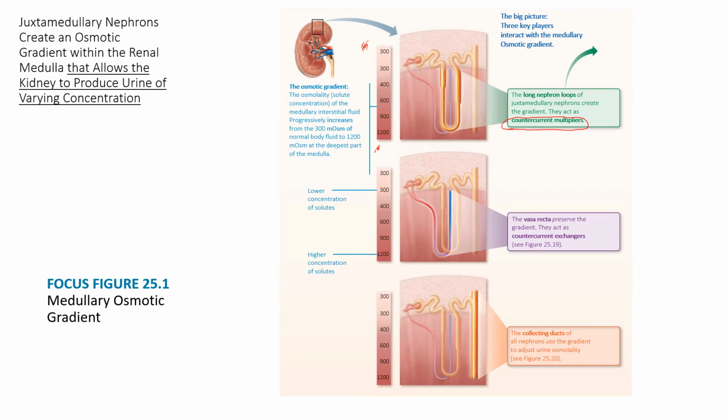Whereas the vasa recta, the blood capillaries, preserve that gradient, acting as countercurrent exchangers. So you've got multipliers and you've got exchangers.